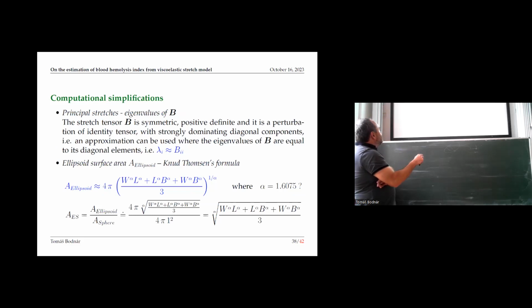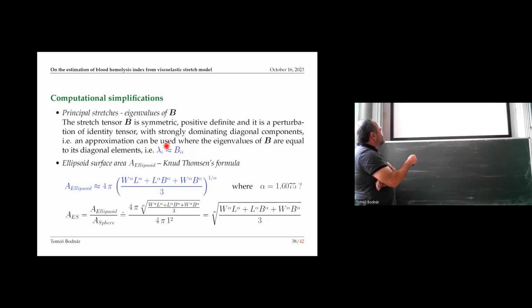So first, the problem of solving the eigenvalues of the tensor B. Anyway, we only need some estimate. So if you just imagine that this tensor B is symmetric, positive definite, and it's just a perturbation of a unit tensor, then what you can do as a first approximation is to say, okay, the off-diagonal elements are negligible and the eigenvalues are very close to the diagonal elements of my tensor.